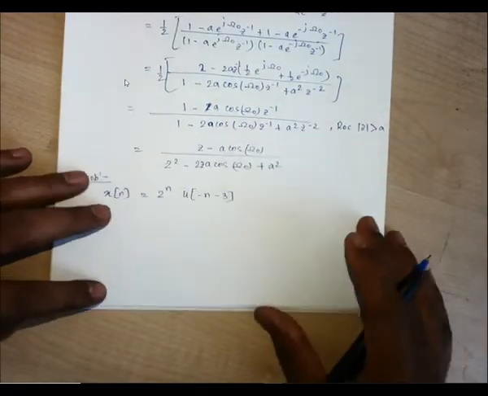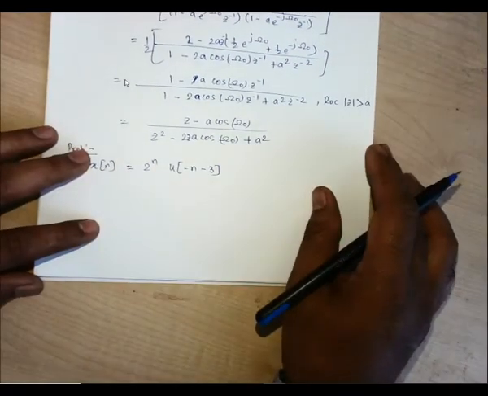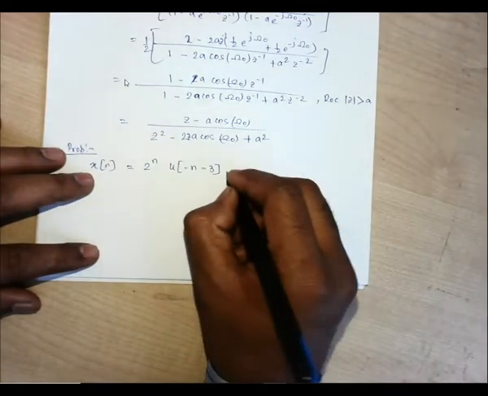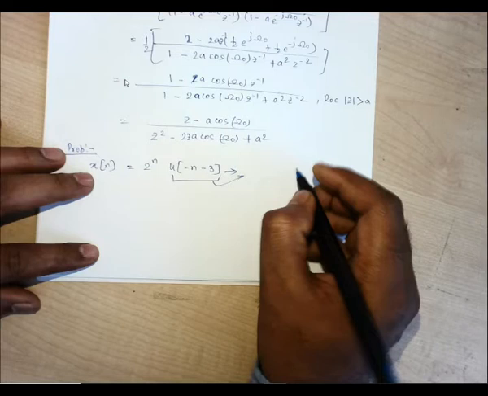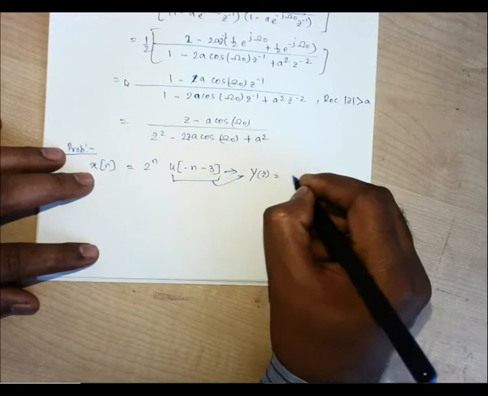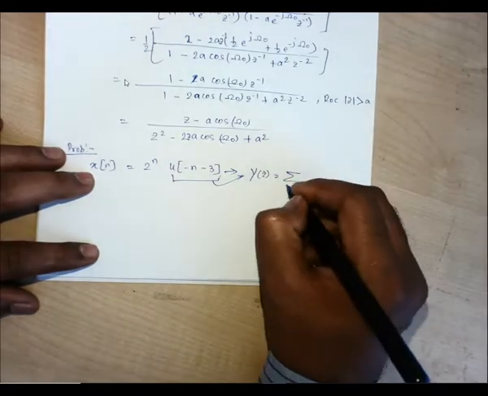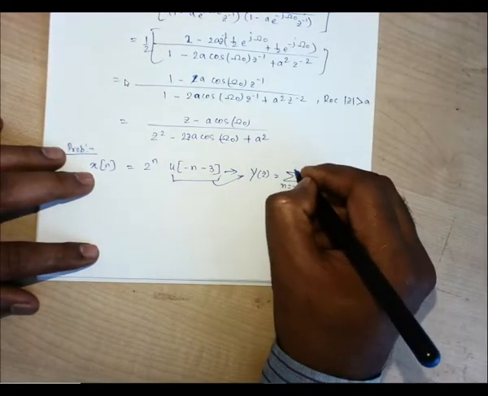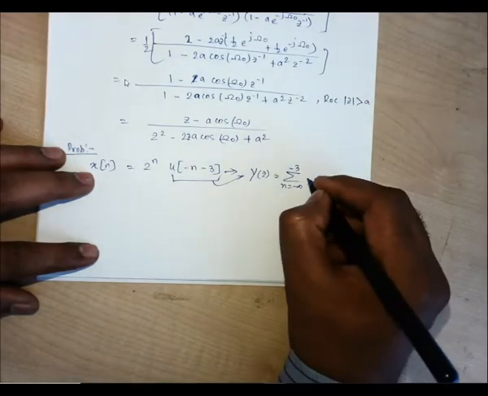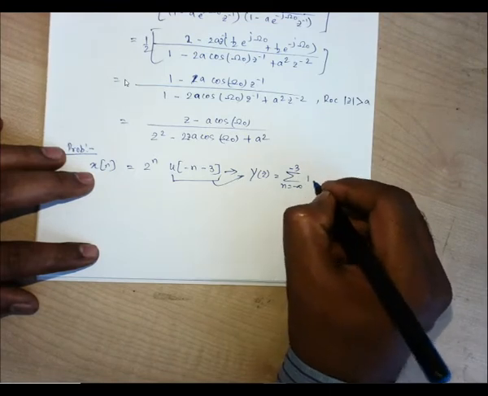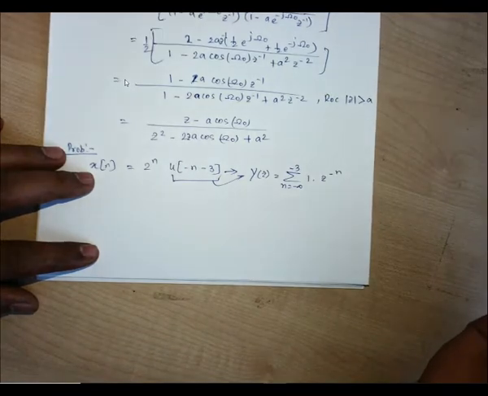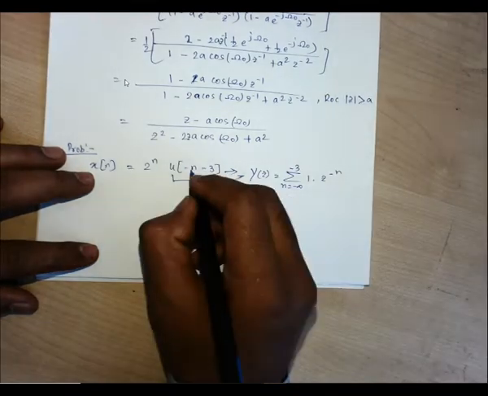If we normally do the problem, how can we do it? If we have been going with simply u of n minus 3, let us consider only this part. Let us consider it is y of z, that will become summation from n equals minus infinity to minus 3 of u of n minus 3 into z to the power minus n, as it is minus n minus 3.